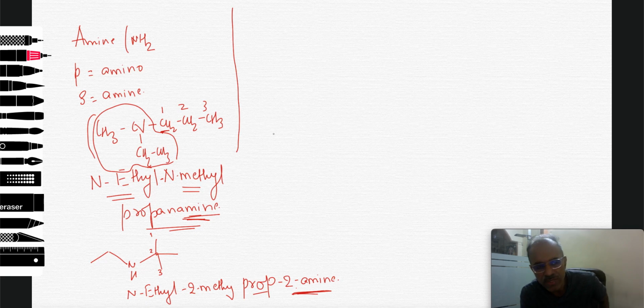Now I should take a leave, and in the next lecture number 7, I will take some more complex examples, in which you will have polyfunctional groups, a compound with 2, 3 different functional groups attached, and you will be able to use prefix also, suffix also, and see who is given the first preference. Here we saw only a straightforward suffix, and the particular functional group was given the first preference.